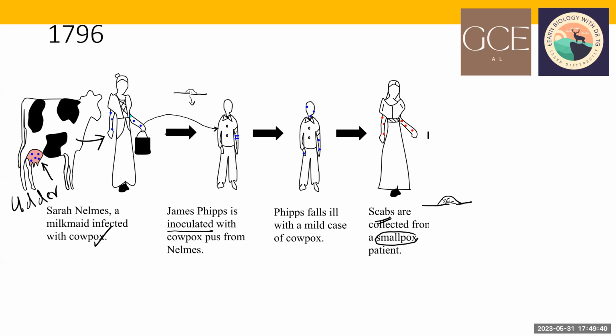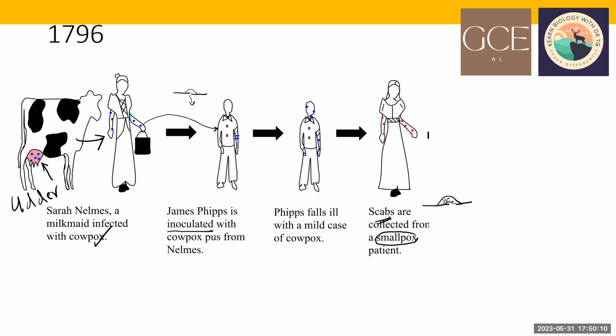Now, I will again tell you if you don't understand. Milkmaid, the lady got cowpox. Cowpox is not a serious disease. It's a mild infection and a few blisters. And then he transferred this content into the body of this boy. And he just got a small infection, nothing much, blisters. So cowpox is not a big problem.